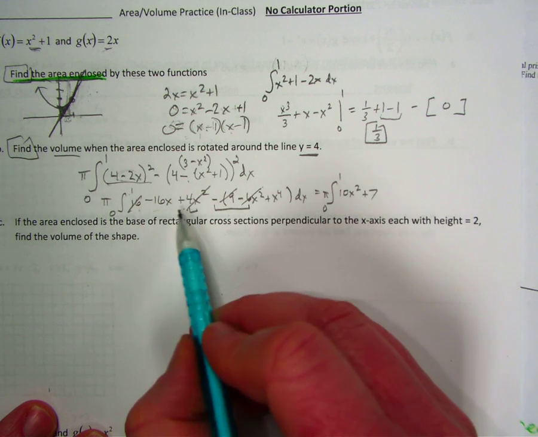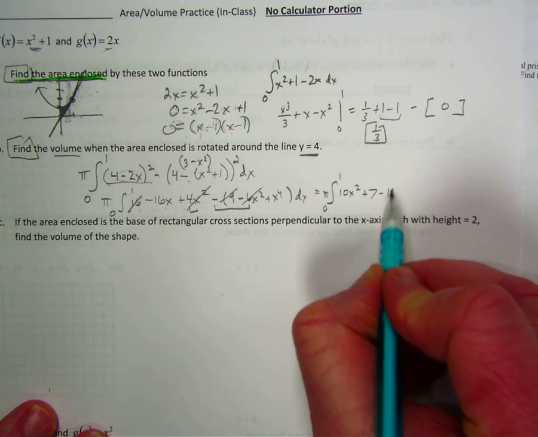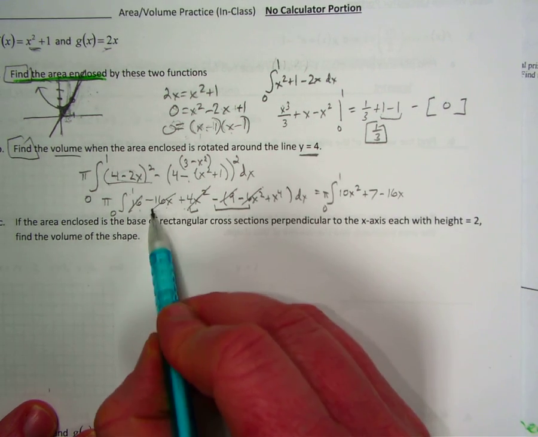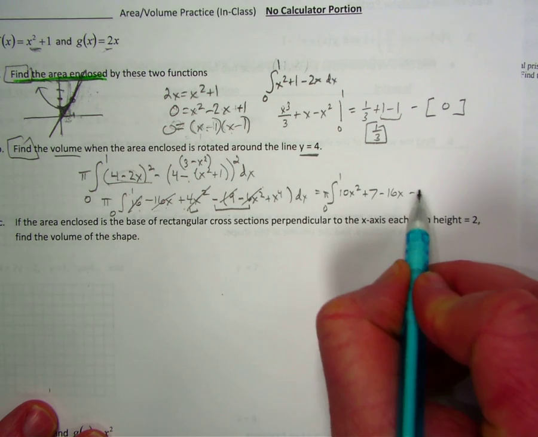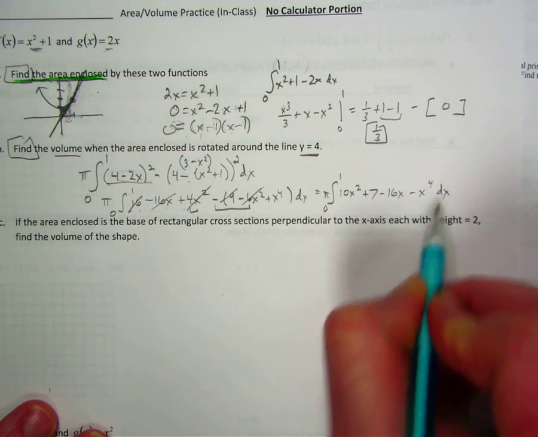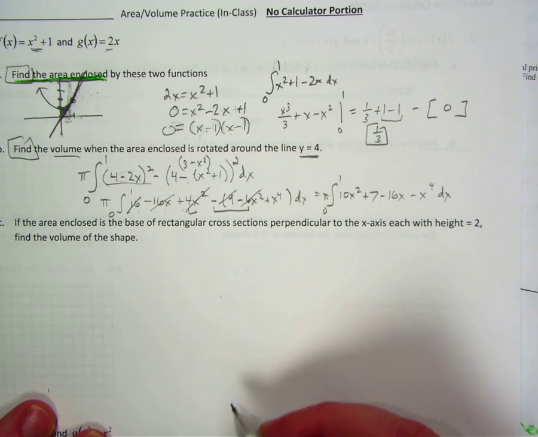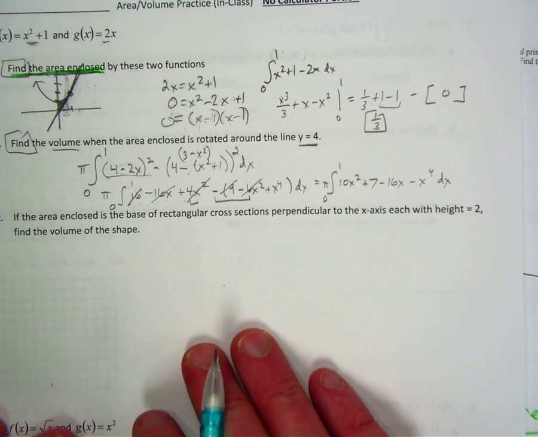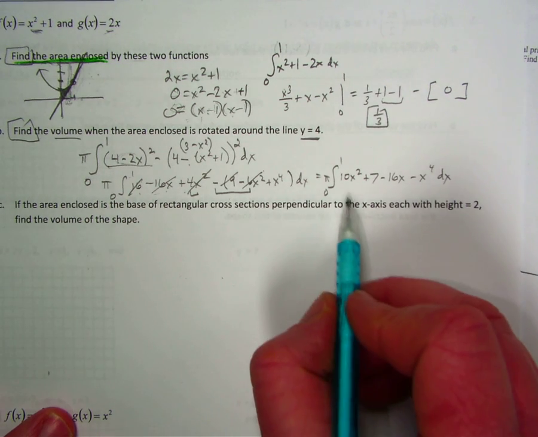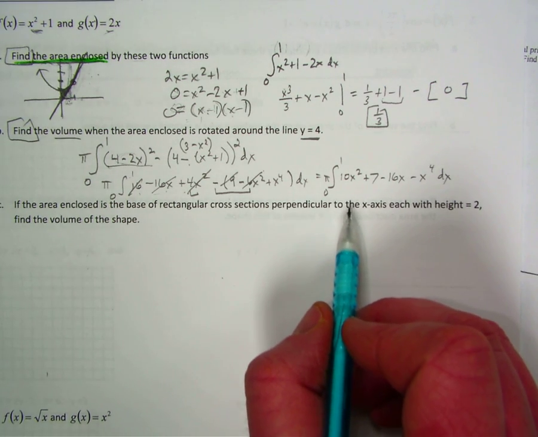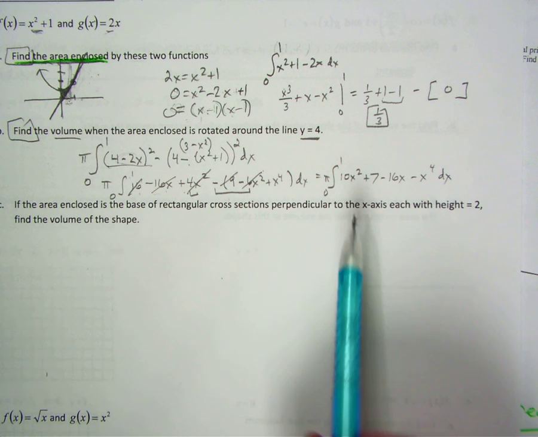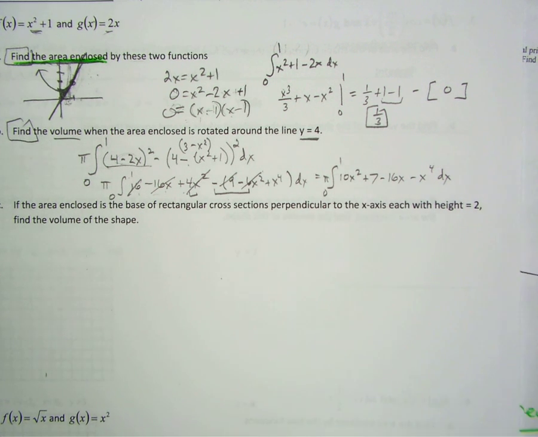And a negative 16x and a negative x to the fourth. And so that is what we actually integrate. And I'm going to let you integrate that to save time on here. Just all power rule. You're only going to plug in the 1. You're not going to have to plug in the 0.